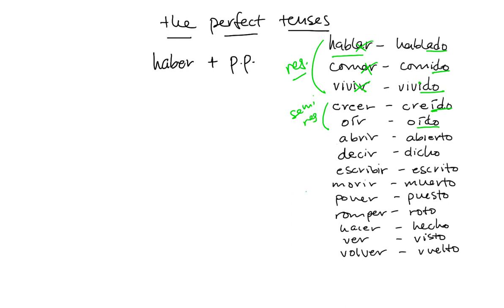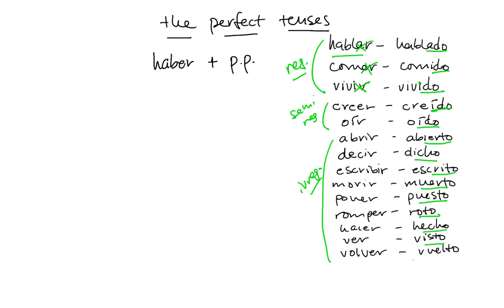Then we have an entire group that are irregular past participles. Okay? Abrir instead of abrido, opened, becomes abierto. Decir, dicho. Escribir, escrito. Morir, muerto. Poner, puesto. Romper, roto. Hacer, hecho.